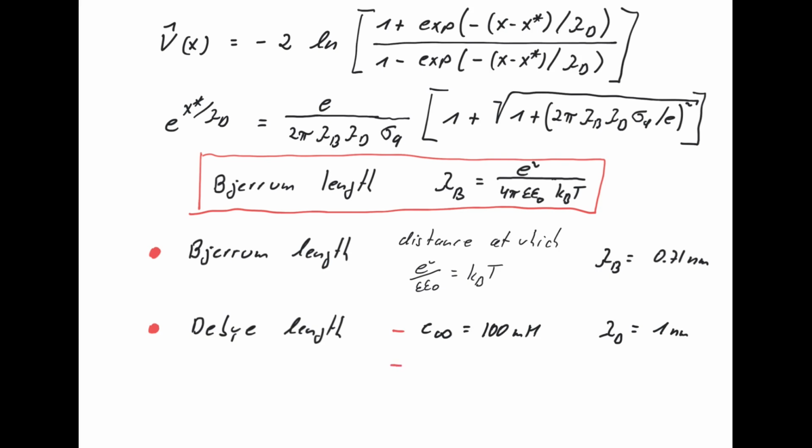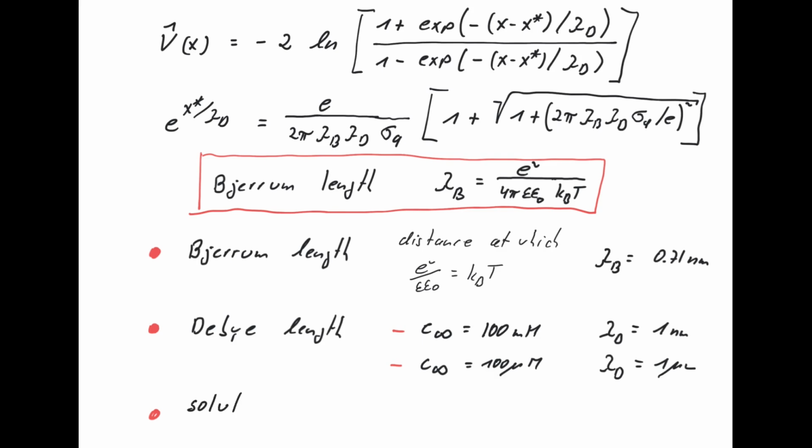Whereas if you go to very low ion concentrations, for example deionized water, where the concentration of ions is certainly below 100 micromolar, the Debye length can go up to a micron. Hence, any charges on a given surface will be visible even at a distance of 1 micron.